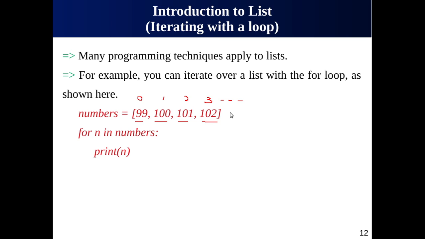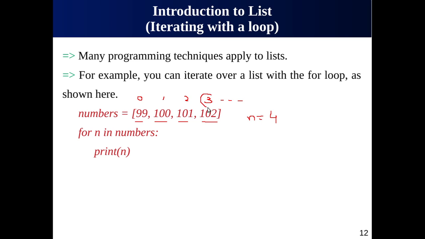Two things. Index actually refers to the position of individual elements in the list, and index starts with 0. The index of the last element in a list is 1 less than the number of elements in the list. What does it mean? Here the total number of elements is 4, or you can say the size of this list is 4, and this is the last element.